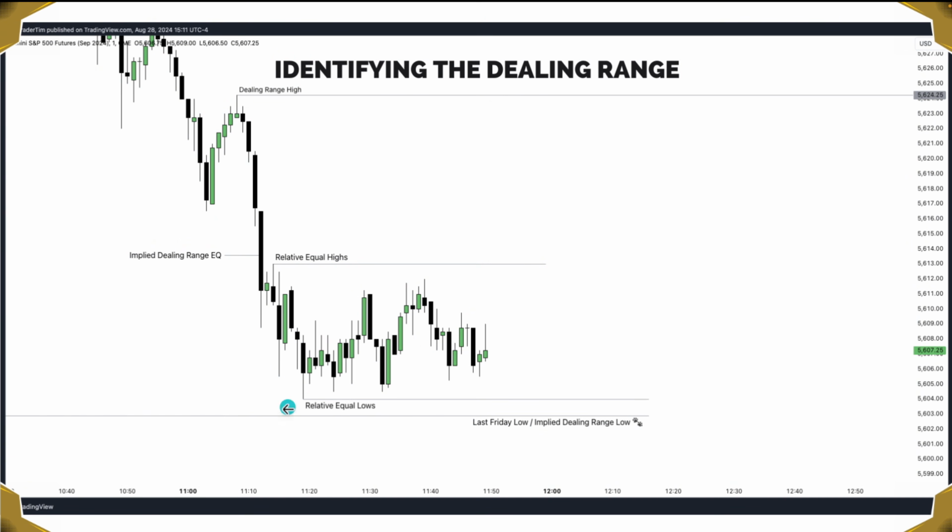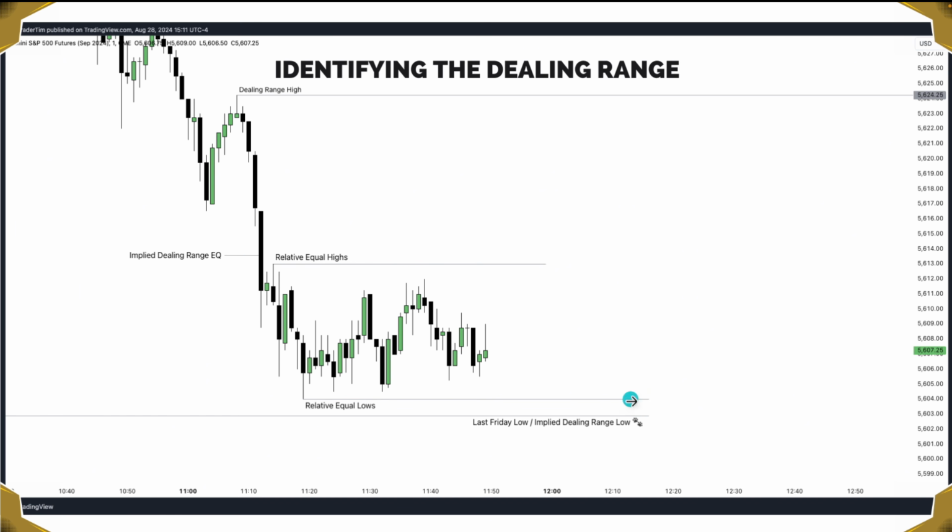Now it's not a great difference, but as you'll see, and this can be your homework, if you were to just run your Fibonacci from this low here to the dealing range high, the same dealing range high that I've discussed and that you see here, you'll see that price will reach up, but it will fail to get to equilibrium.